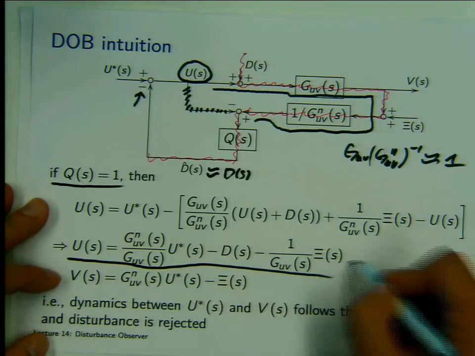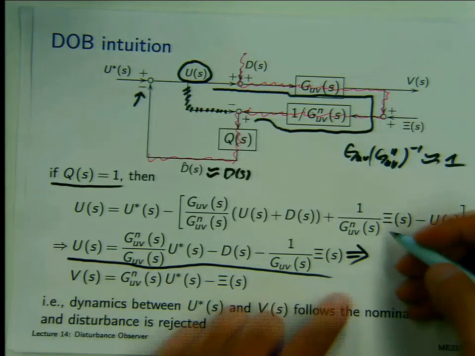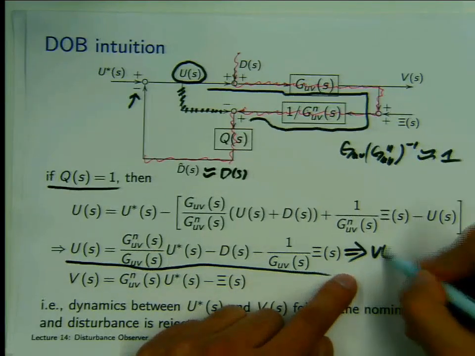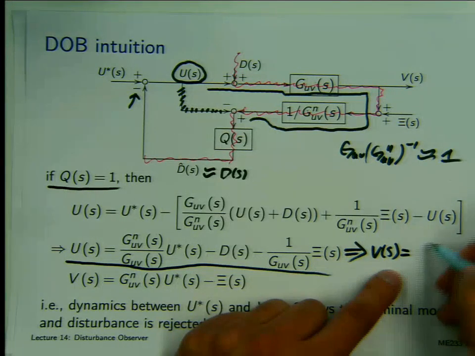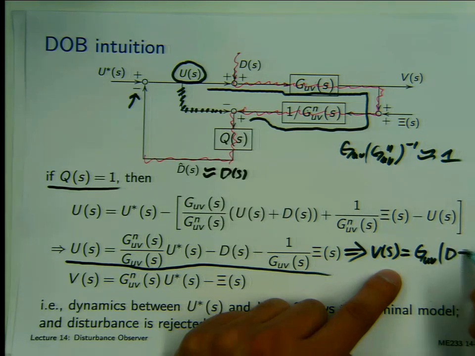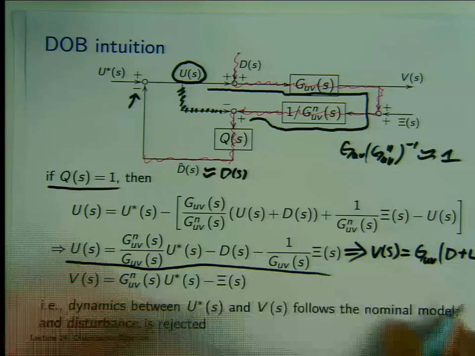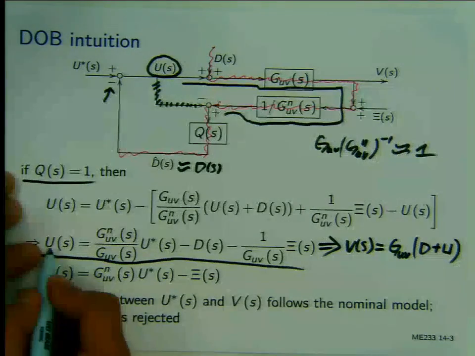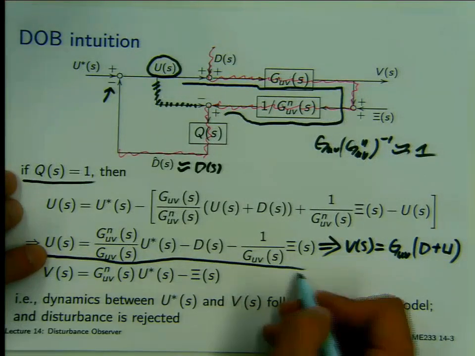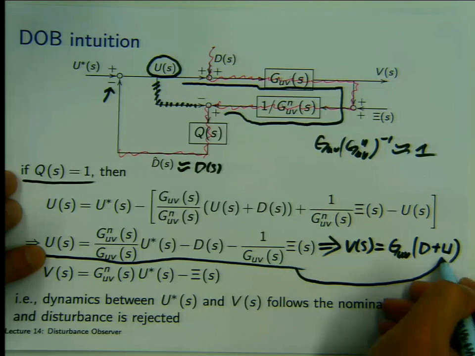Now, this gives us a very interesting result. This gives us Vs equals, you see, GUV times D plus U from the block diagram. Substitute U into this equation here.